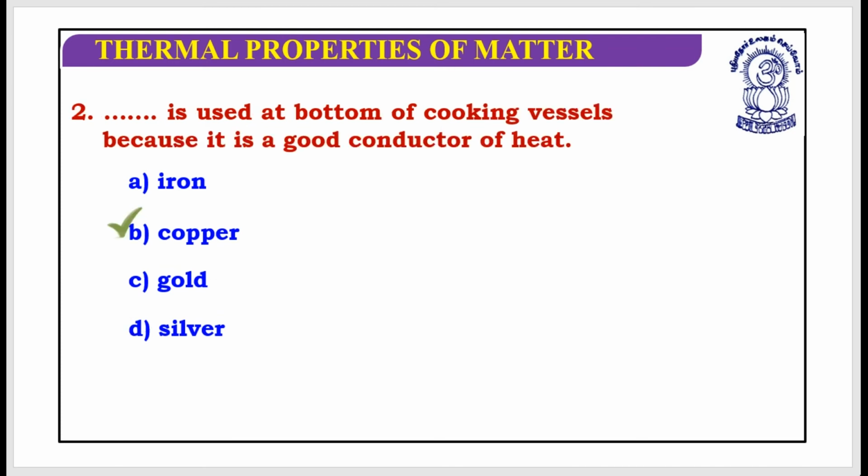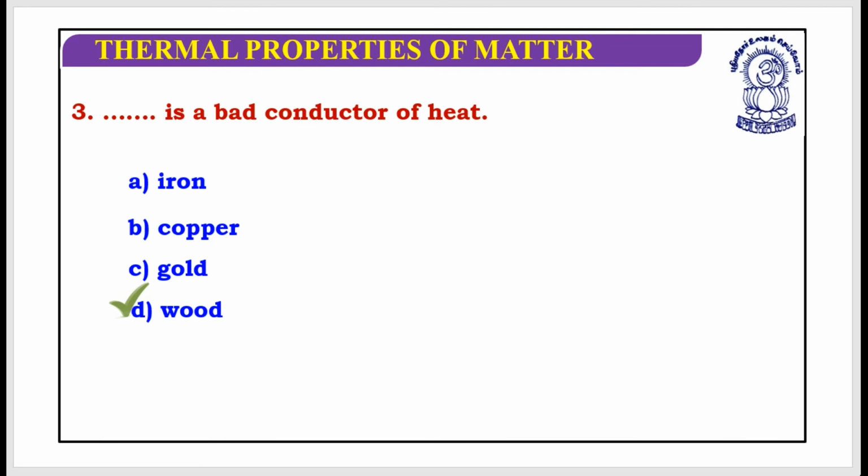Let's discuss the second question. Blank is used at the bottom of cooking vessels because it is a good conductor of heat. Yes, copper is being used at the bottom of cooking vessels. Blank is the bad conductor of heat: iron, copper, gold, wood. Yes, wood is the bad conductor of heat.